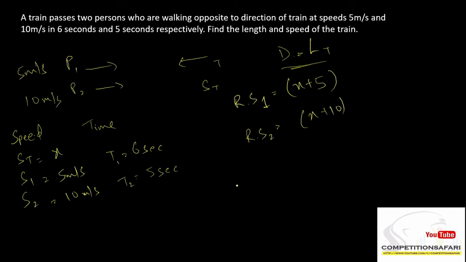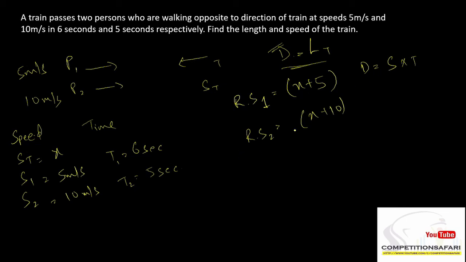Now we have just one thing which is fixed here, which is distance. We know that distance is equal to speed into time. So if we equate these two equations, we'll have our value of x, not distance.